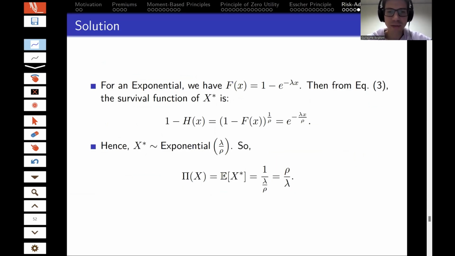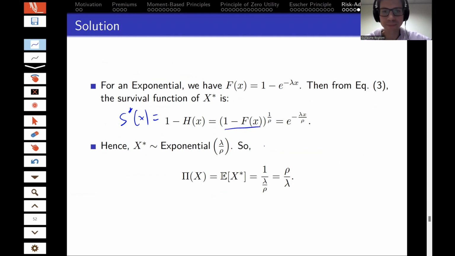Because you can first find the CDF of your X star. Well, by definition, its survival function, which we can call S star, is 1 minus the CDF. H is 1 minus F to the power of 1 over rho.